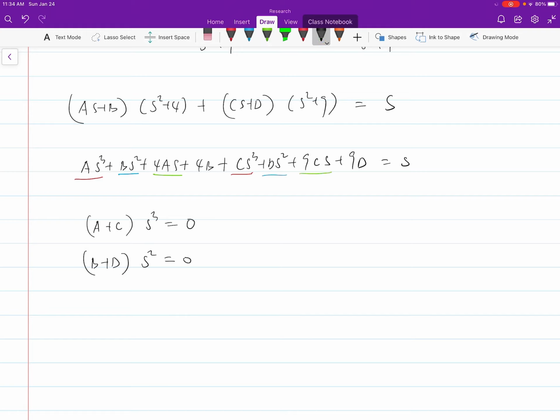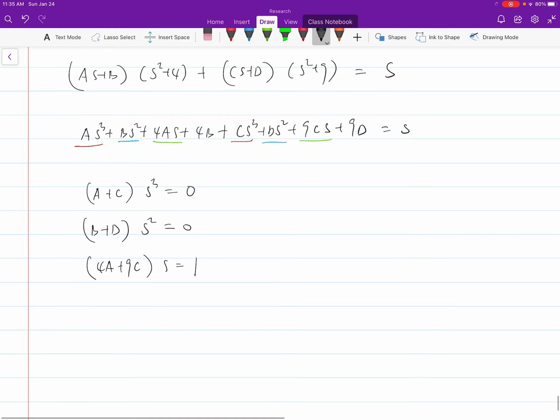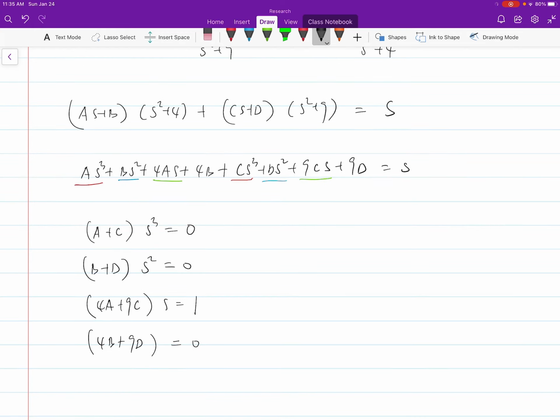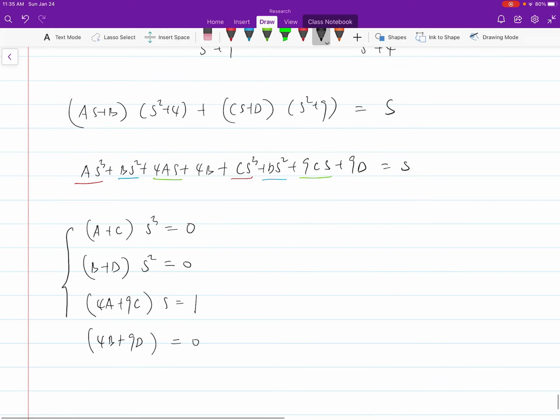The s term: (4A + 9C)s equals 1. Finally, 4B + 9D, and we don't have a constant term on the right-hand side, so this is 0. Yes, okay.